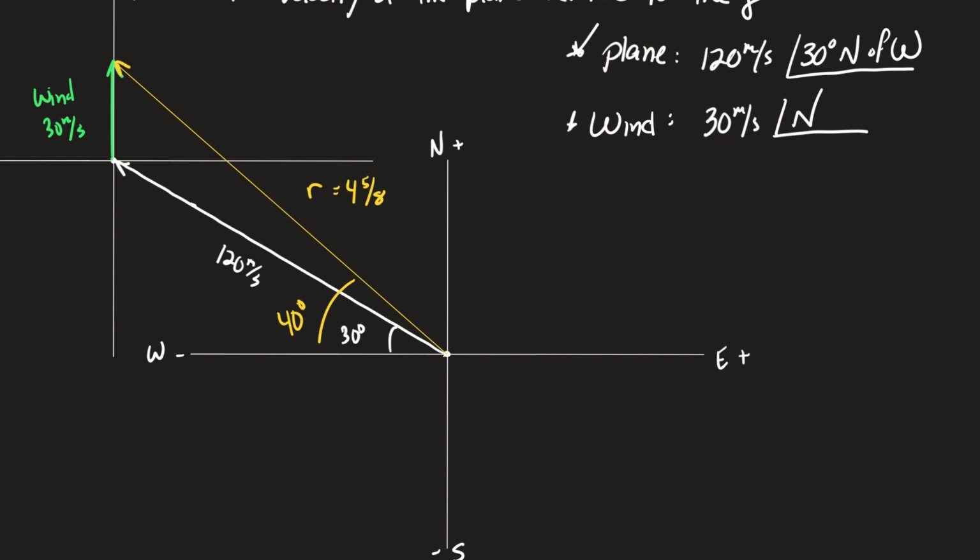Did you use a scale when you drew your arrows? For me, this arrow I drew to be 4 inches long. So my scale is 120 meters per second is equivalent to 4 inches. That's my scale. What'd you use for a scale? So what was the length of the airplane's vector? You need that.